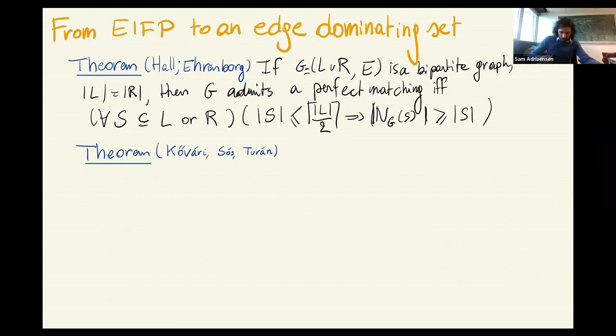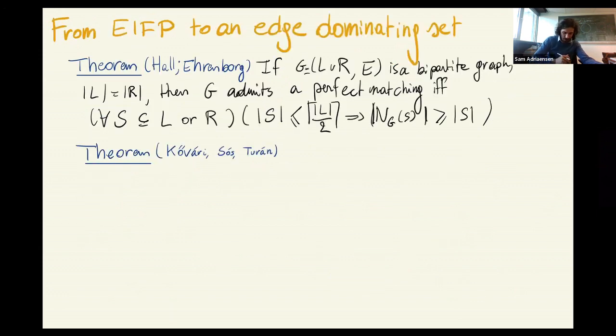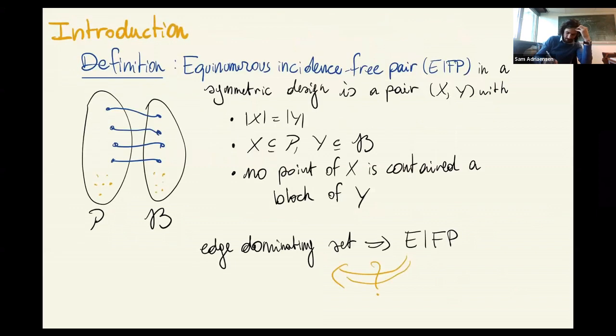Okay, so now what we want to do is go to our incidence graph. We remove this equinumerous incidence-free pair, and then we want to check if the induced subgraph that we're left with satisfies Hall's condition. So in particular, this means that if you take, well, let me maybe make the sketch over here. If you take a subset S of points over here, which is not too large, then you want to look at its neighborhood in the induced subgraph.